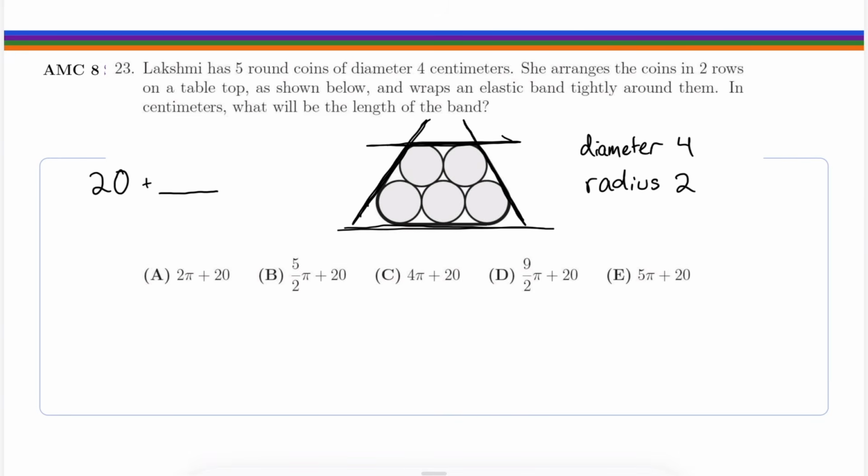We can see that these 2 lines will be parallel. So if we want to draw another parallel line, I'm drawing a line tangent to the two circles above, and these would be parallel. And then I'm also drawing a line tangent to this circle right here and parallel to this line. So we would have something like this.